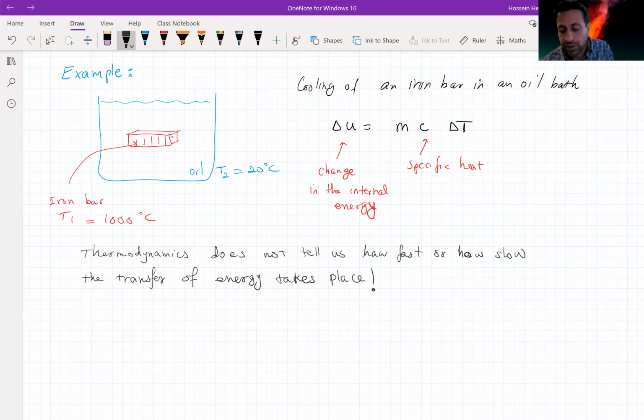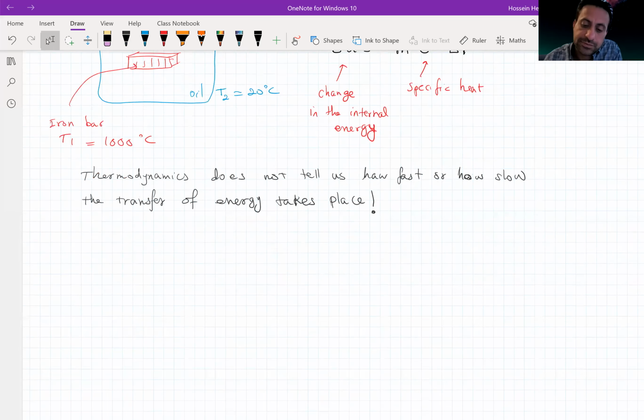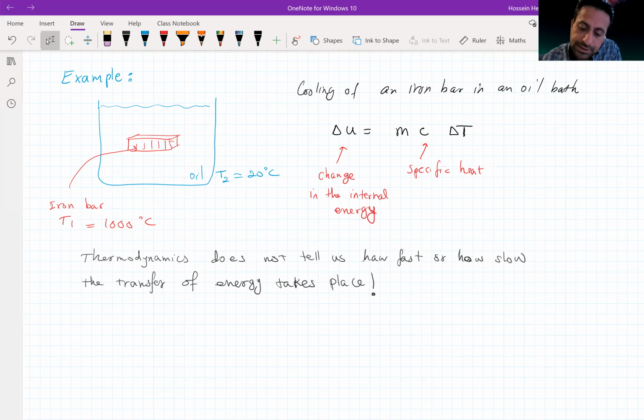However, that's a requirement in many engineering processes. Let's say, for example, in this process of cooling down this iron bar, we really need to know the time, which is very important. The temperature distribution is very important.